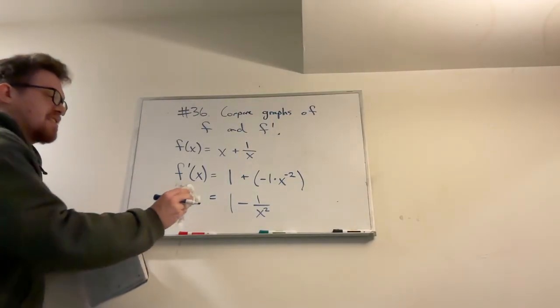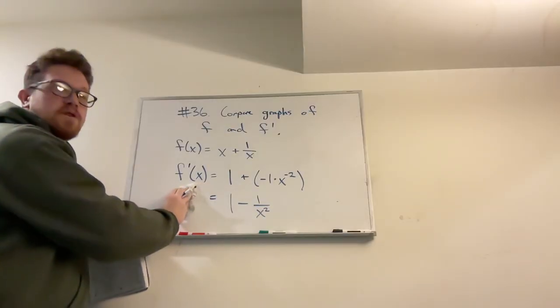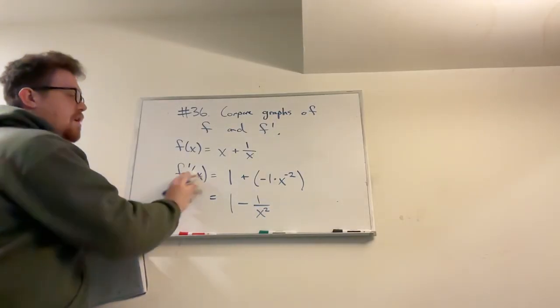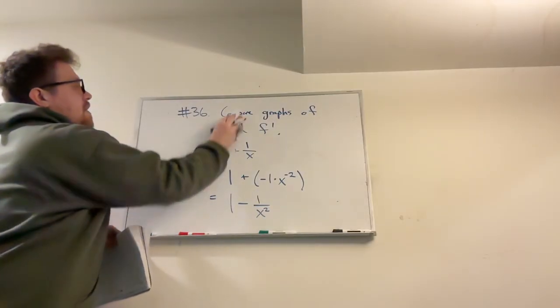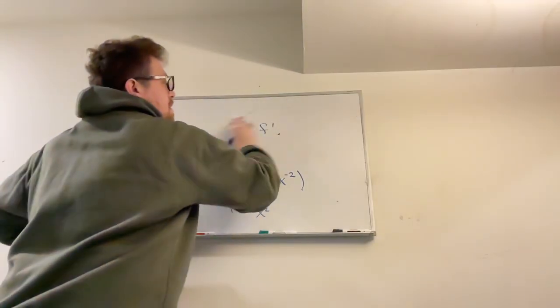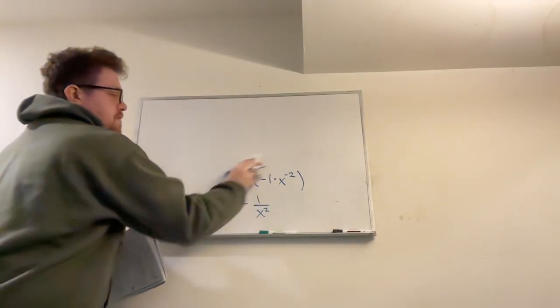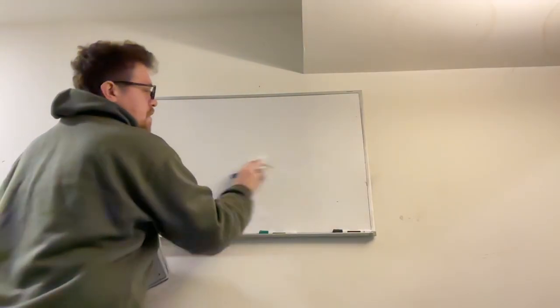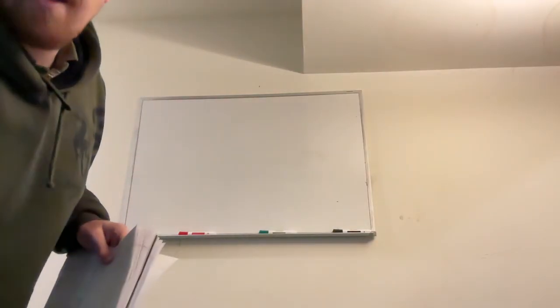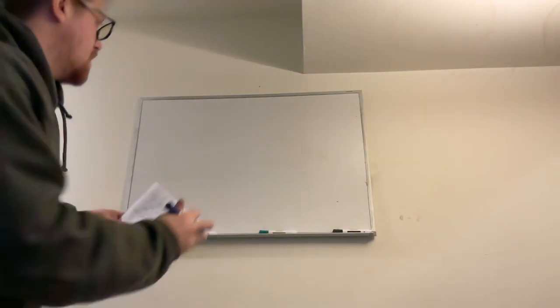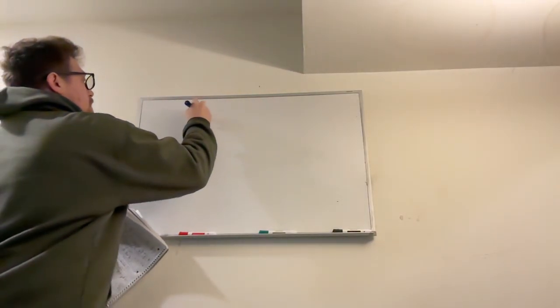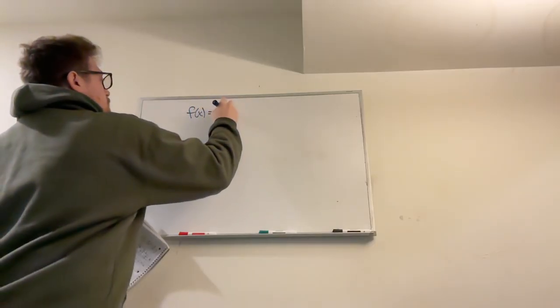But yeah, sorry to confuse you a little bit too much, but let's try to draw f and f prime, and then I'll comment about what we're supposed to notice about these two functions. I'll rewrite the functions above the graphs, but let's compare the graphs of these two functions. So on the left, we have f, x plus 1 over x.